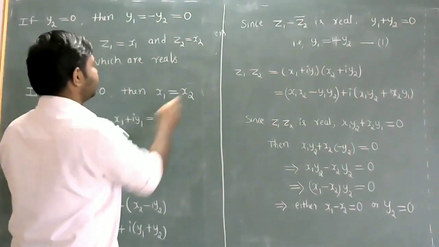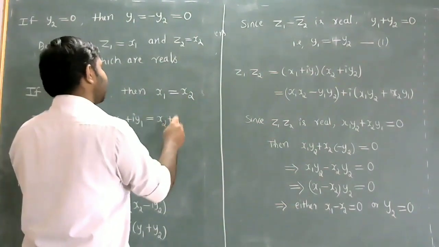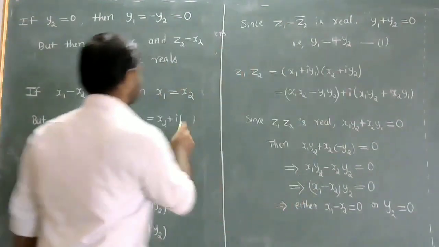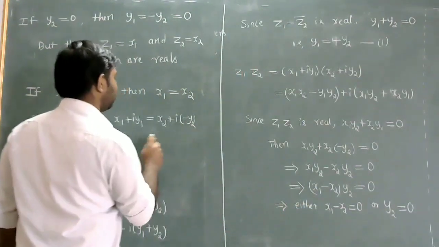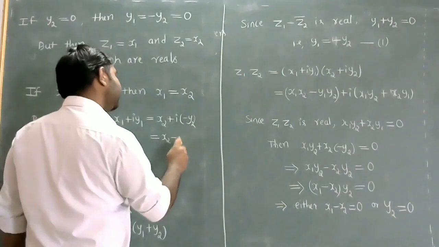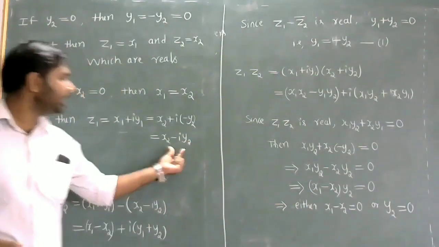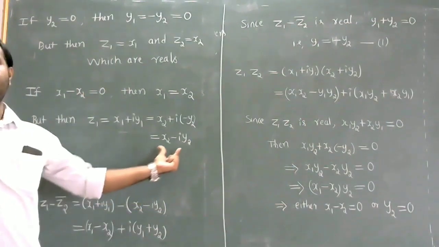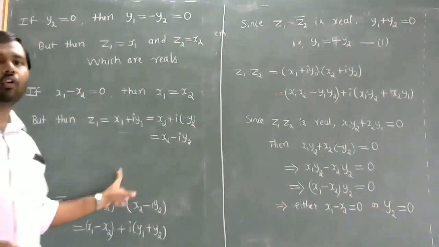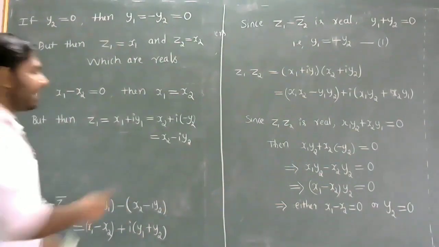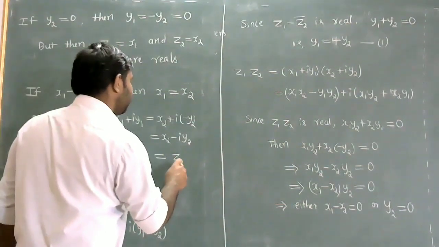So x1 is nothing but x2, and y1 is nothing but minus y2, so it is x2 minus iy2. And what is this? It is nothing but the conjugate of the complex number z2, because z2 was x2 plus iy2. Its conjugate is x2 minus iy2. So it is z2 bar.